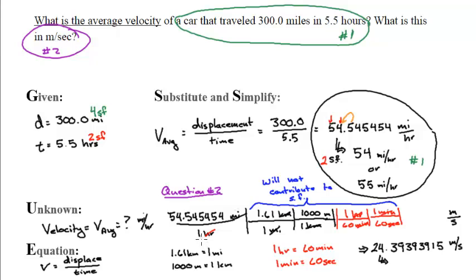The only number that's really going to contribute to sig figs is this number. And since I need 2 sig figs, the answer is going to be 24 meters per second. This is the answer to number 2.